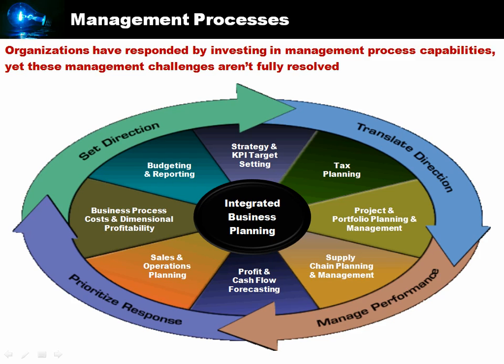What they need to do is take a more holistic approach to addressing broader business needs. And third, the way to meet these broader business needs is by leveraging integrated business planning to establish an integrated management process. After all, while integrated business planning is a key enabler of value, it's actually an organization's management process that delivers it.